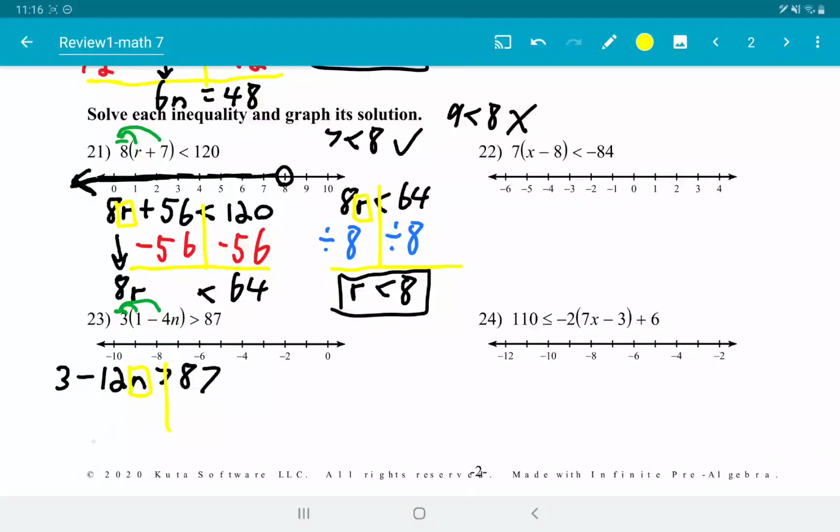Same thing, isolate my variable and build that wall. Since I have a plus 3, or a positive 3, I'm going to subtract it first. So it all moves down, even the negative, so I have negative 12n is greater than 84.